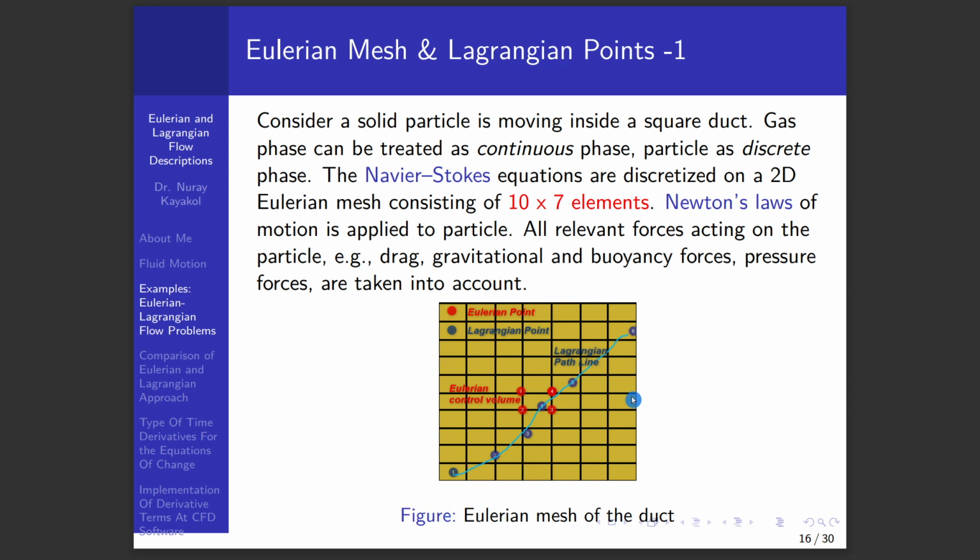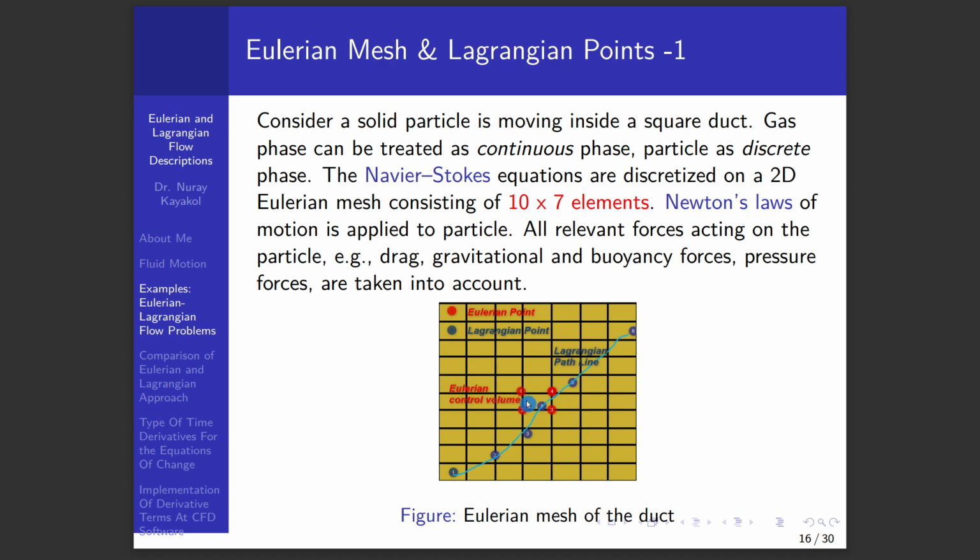Then the particle reaches the outlet, and you see the number 6 on the top, close to the corner on the right. So this is the particle path, and the control volumes are Eulerian control volumes.